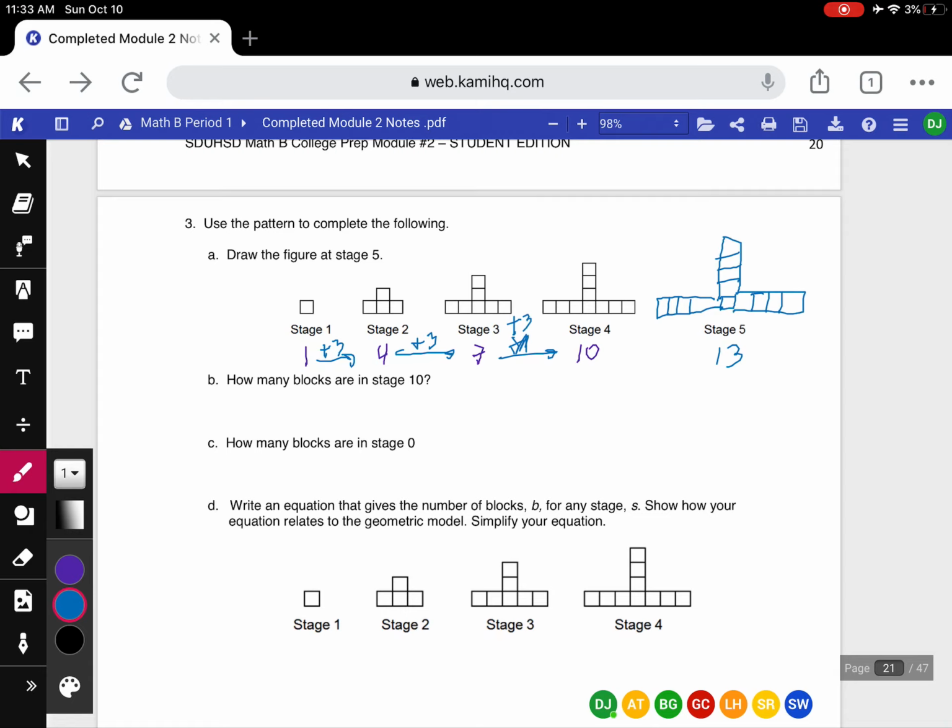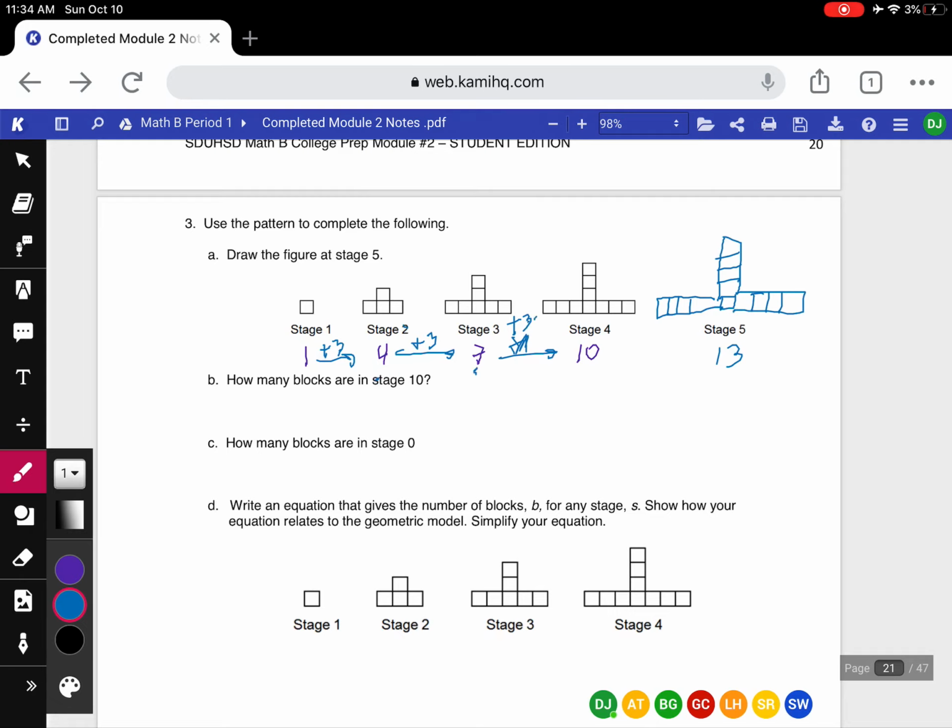Well, let's think about this. I'm always increasing by 3, but my total amount of blocks is always 2 less than 3 times my stage number. So 3 times my stage number of 1 is 3, but I only have 1. And then 3 times 2 is 6, but my answer is 4. 3 times 3 is 9, but my answer is 7.